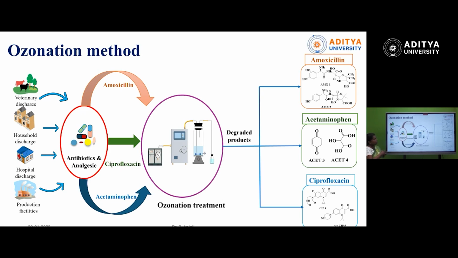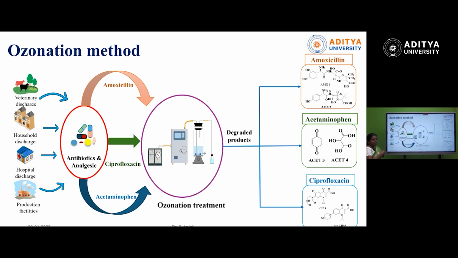This image shows the ozone generator. First, the small one is for the oxygen supply. Next, the O2 will be converted into O3 with the help of the ozone generator. Then the O3 goes to the reactor. In the reactor, this is like a semi-batch method, I can say.